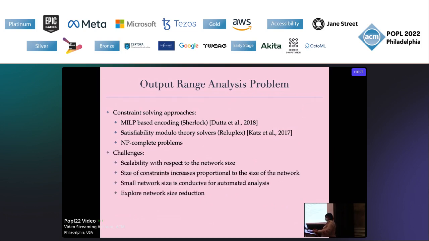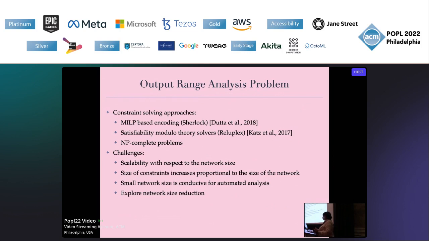And so the challenge in verifying these neural networks is, of course, scalability, because the size of the constraints grows proportional to the number of nodes in the system, and the complexity of verification itself could be as bad as exponential in the size of the neural network. So small networks are conducive for automated analysis, no surprise there.